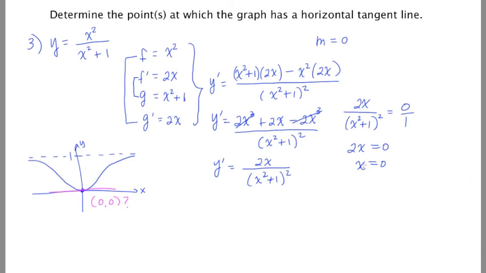When I plug in 0 into the original function, 0 squared over 0 squared plus 1, I end up getting a y value of 0. So consequently, the point at which there's going to be a horizontal tangent line is in fact (0, 0), just like we guessed it to be.